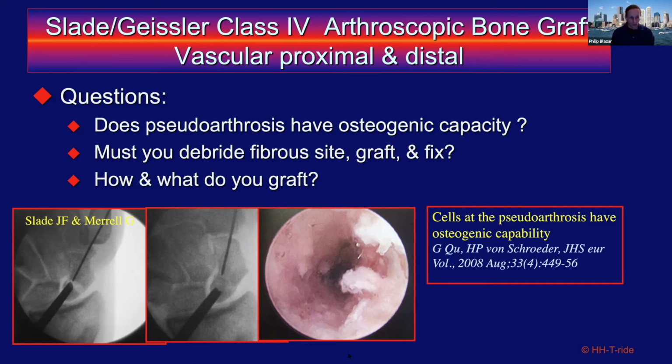In my case, like in this one, if there is something of a cystic resorption, I do think replacing it with bone graft, as Slade's case did as well as mine, I do typically do that. But I think some of these do have the ability to heal just with stabilizing with the screw.